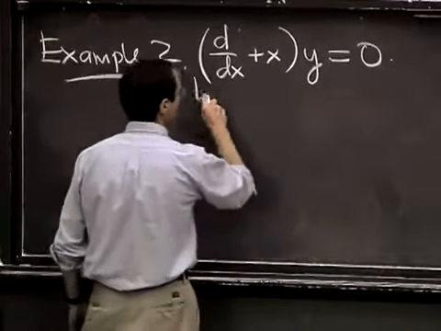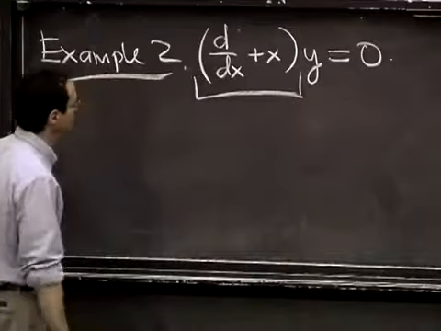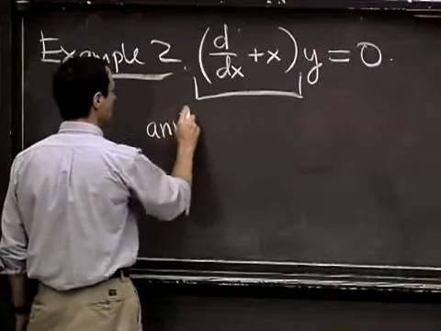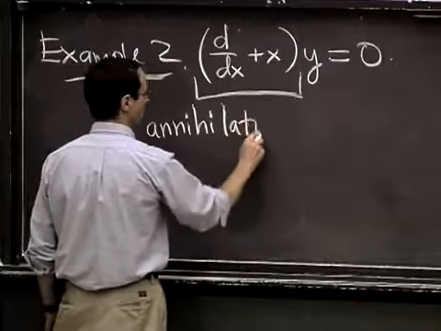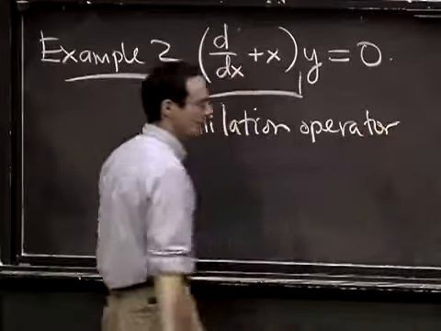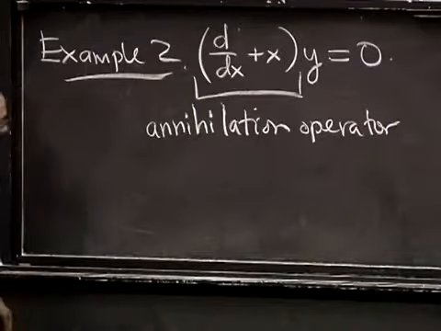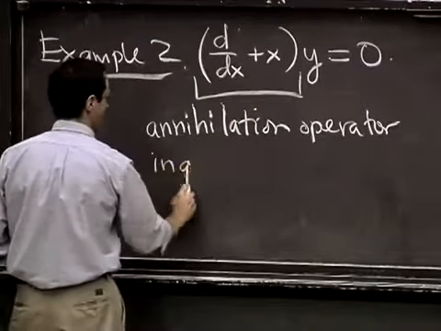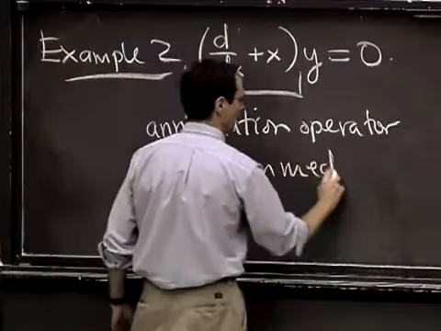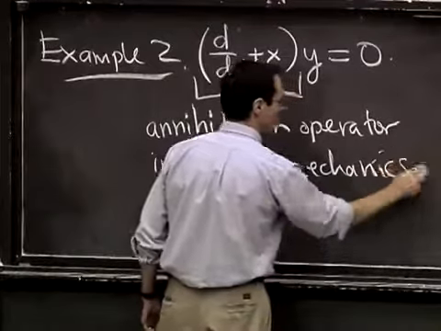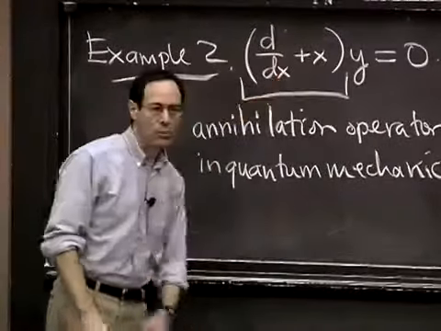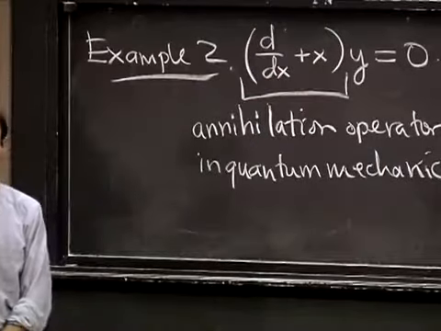This operation here actually has a name. It's called the annihilation operator. And it's called that in quantum mechanics. And there's a corresponding creation operator where you change the sign from plus to minus.